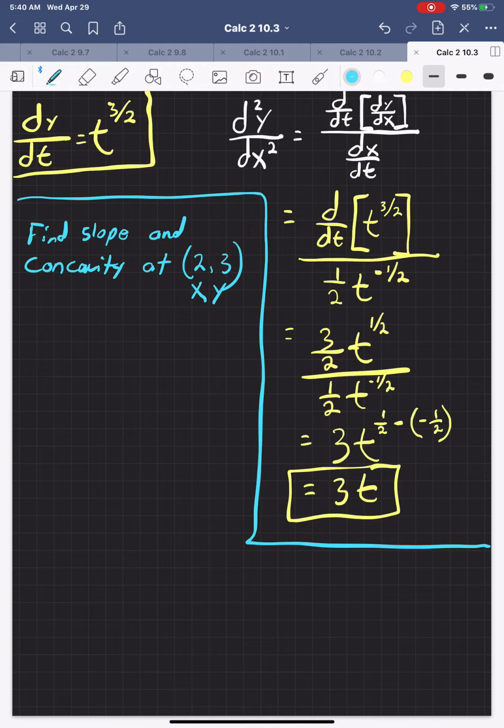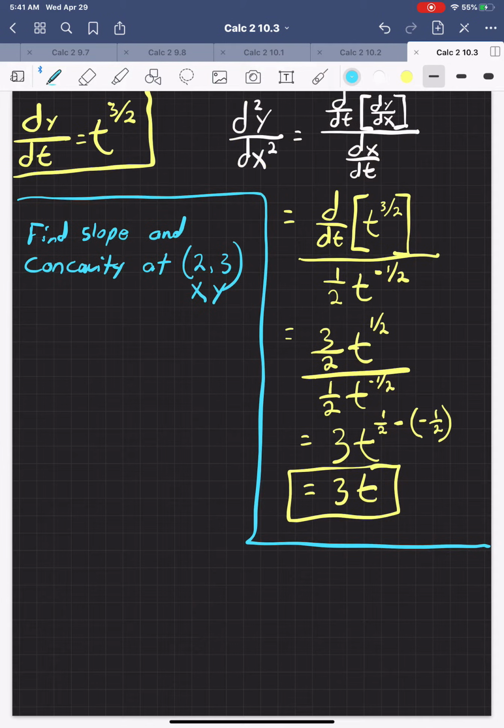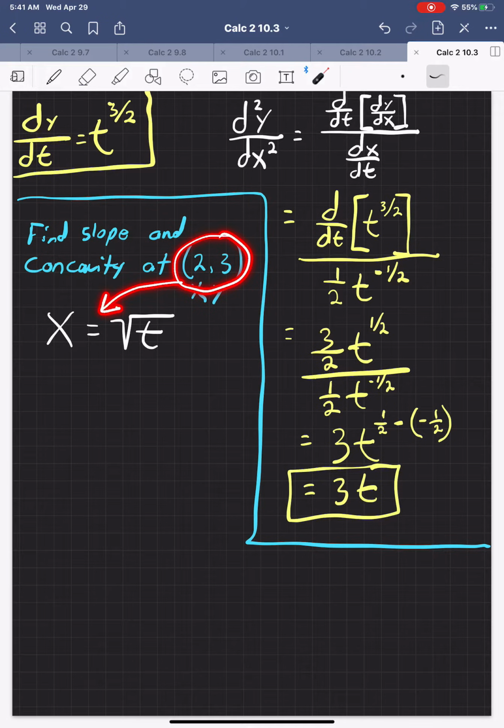So ready? How are we going to do this? We're going to go back, so pay attention to me real quick. You can pick either one of these equations. Okay, I'm going to pick the first, x equals the square root of t. Now what I need to do is use this point in this equation to solve for t.